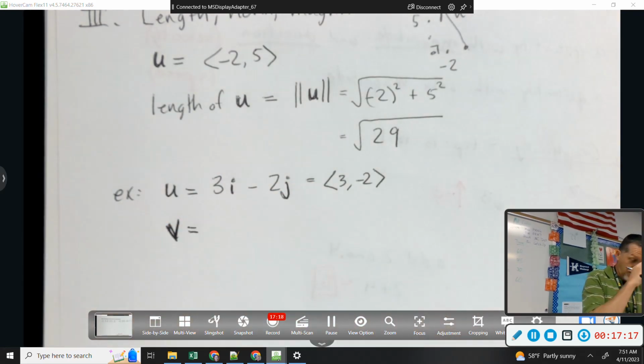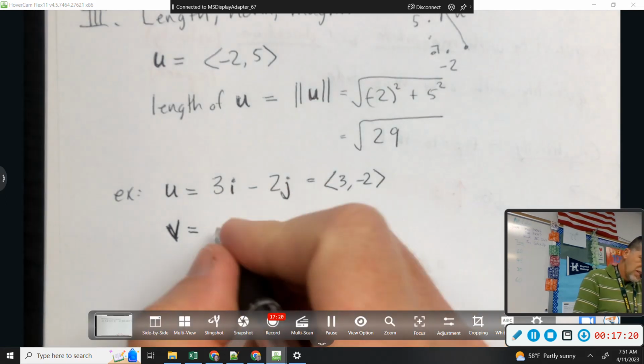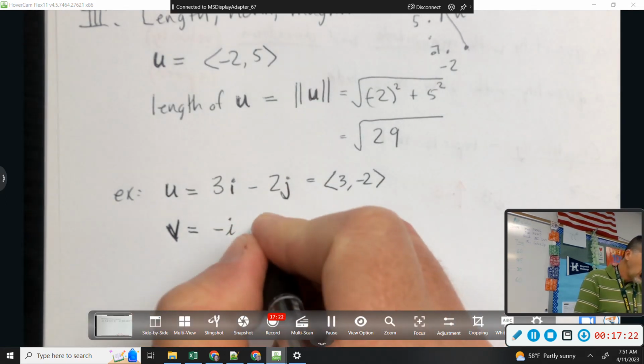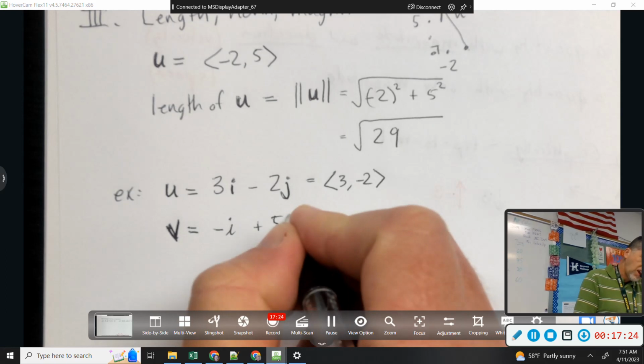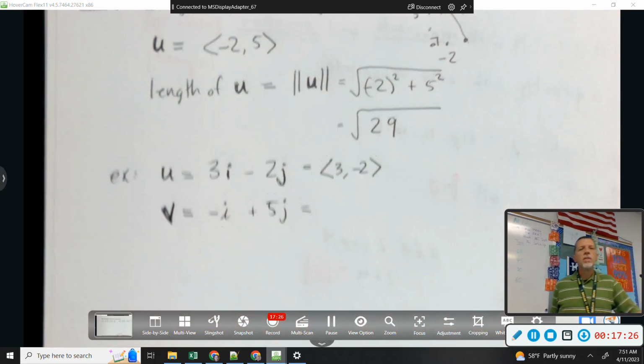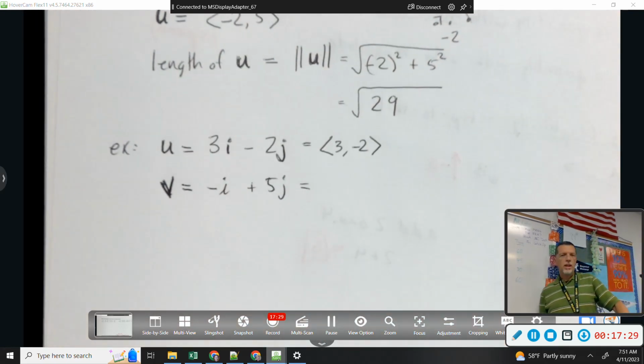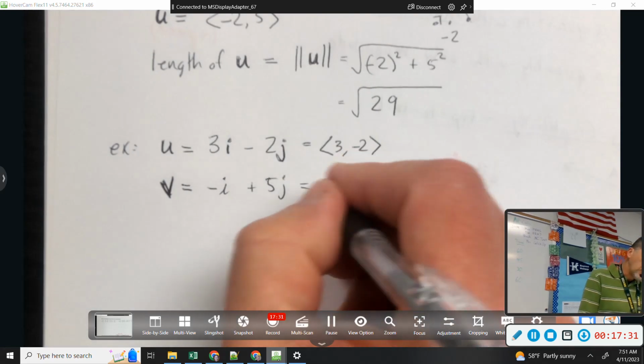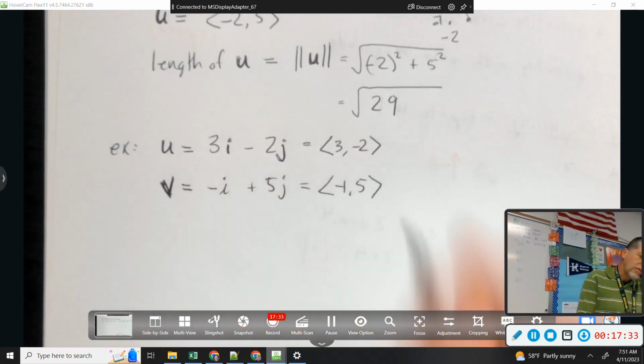Let's say vector v is negative i plus 5j. Again, you don't have to change it, but if you prefer, you could write that as negative 1, 5.